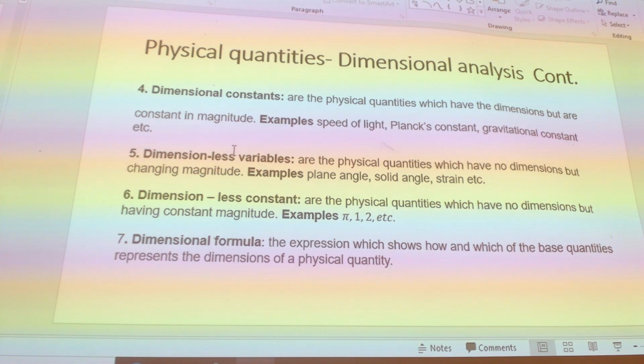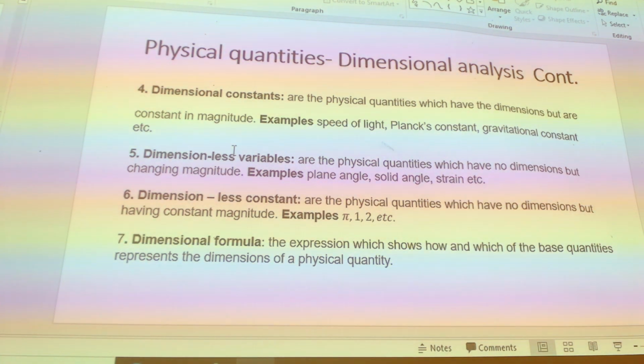For example, consider the speed of light. According to Albert Einstein, where it's related with mass and energy, the speed there is constant. But in reality, speed in another form is not constant.